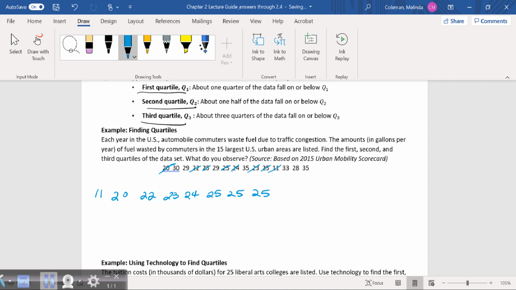We have 28, 29, 30. No, wait, I'm sorry, 29 appears twice. 28, 29 appears twice, then 30. 35 appears twice as well.